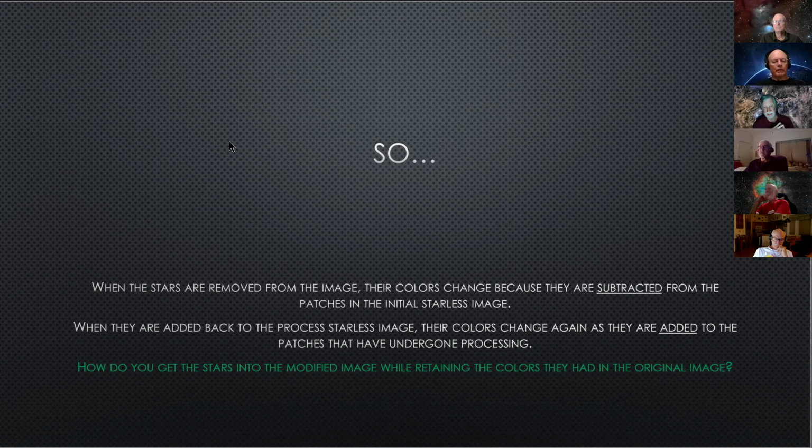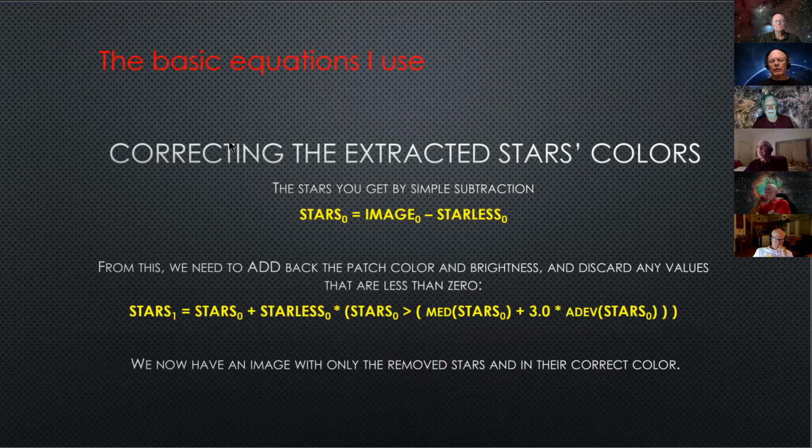So how would we get the modified image to give us back stars more or less the original? Well, it's pixel math. And I'm not going to go through all this. I'm just going to explain that the stars we got are simply the image that we started with minus the starless image. So that's straightforward.